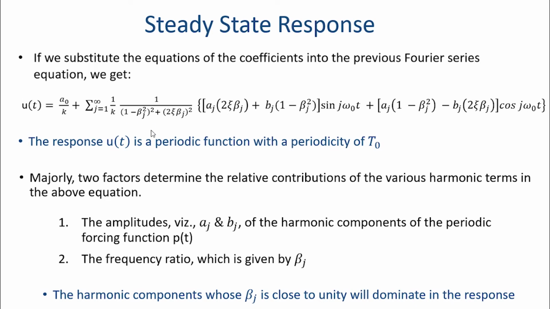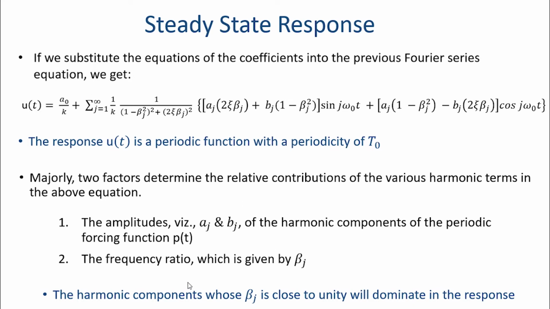The total response is a sum of multiple harmonics, and the relative contribution of various harmonic terms will depend upon two major factors. One is the amplitudes Aj and Bj. If the amplitudes Aj and Bj are high, the jth harmonic will contribute more to the response.